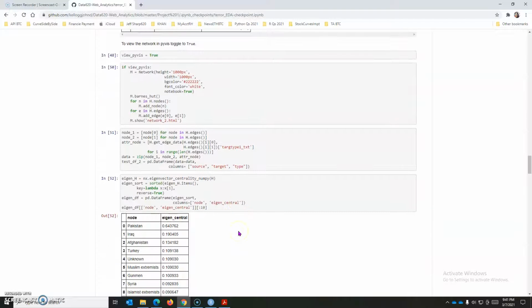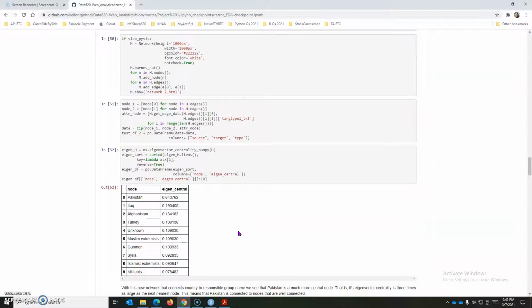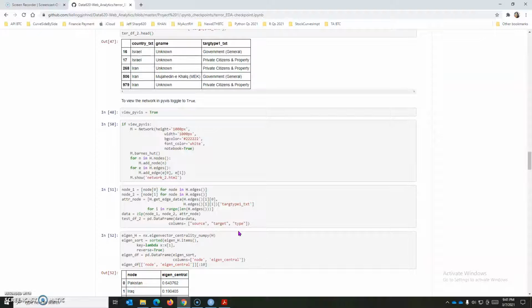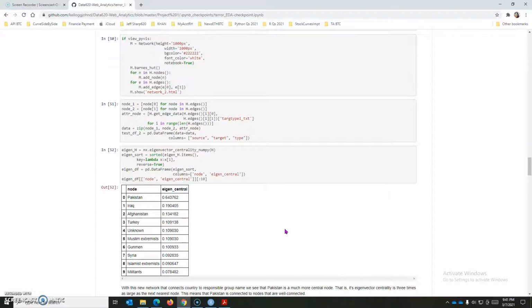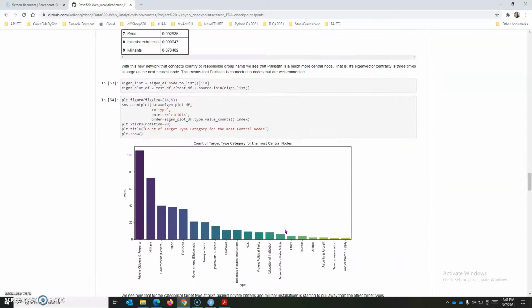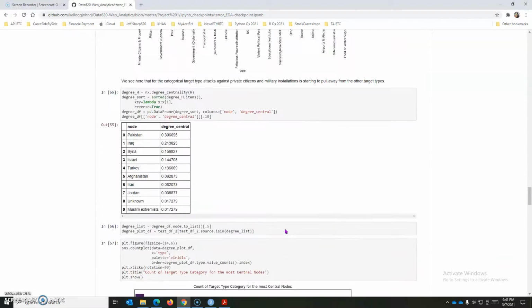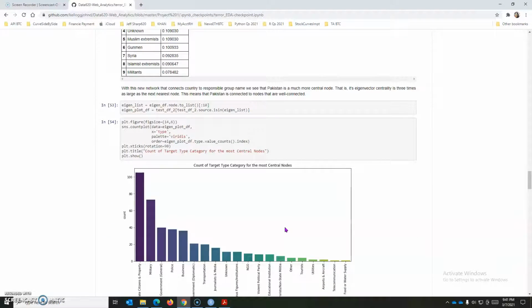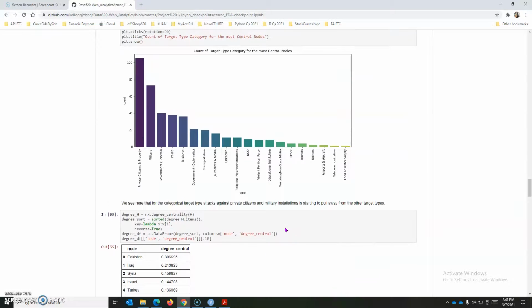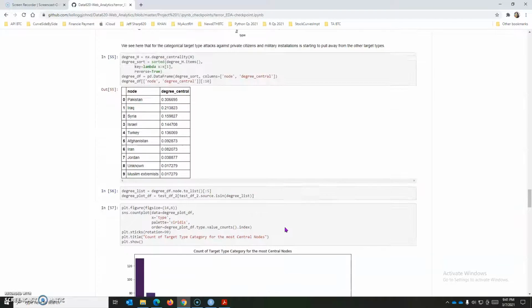So just like the first one, we did two centrality analyses, eigenvector centrality analysis and degree centrality. And here are their corresponding histograms for the most central nodes. Overall, the two centrality analyses agree with each other.